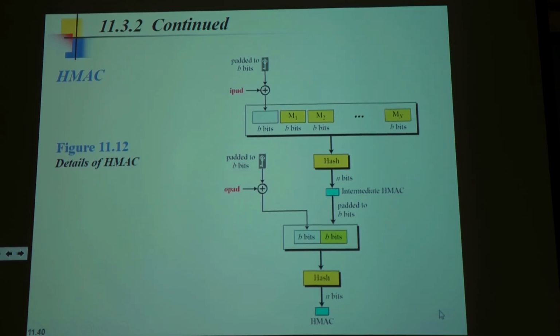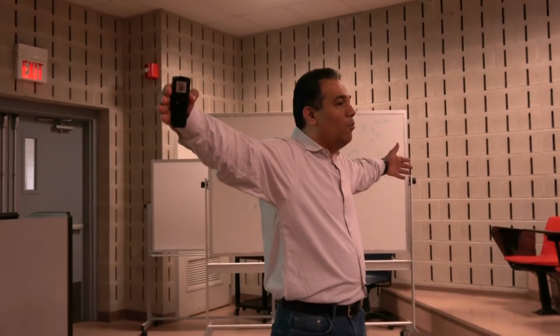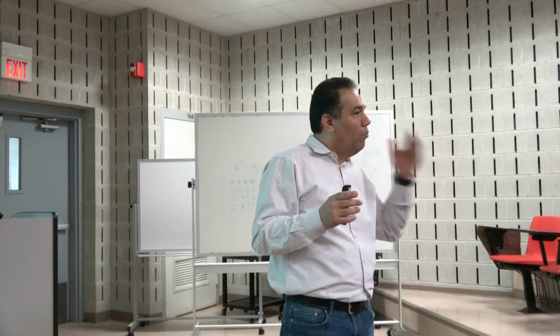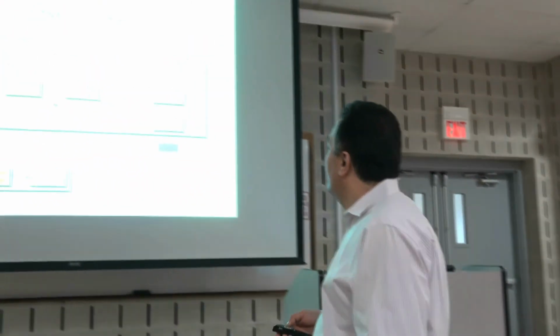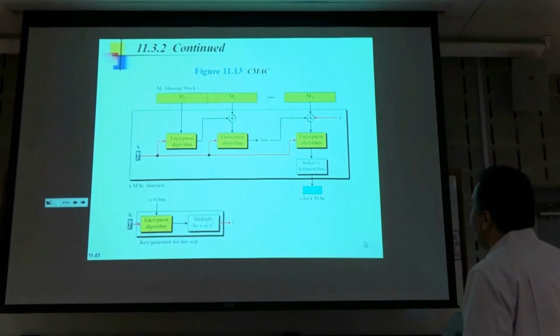Just making it more complex, right? So in this process, you have a very long block. The block has to be divided into small blocks. These small blocks have to be equal. If they are not equal, you have to do padding, and you do the whole process. This is the HMAC.